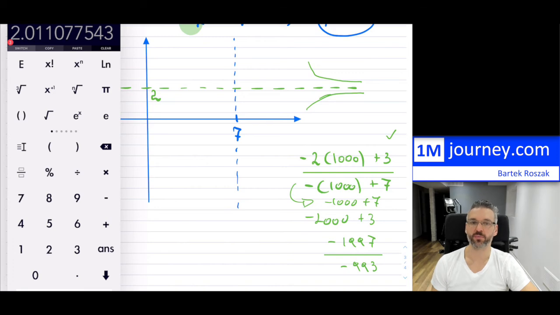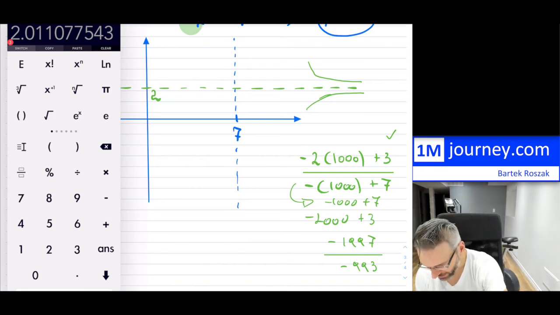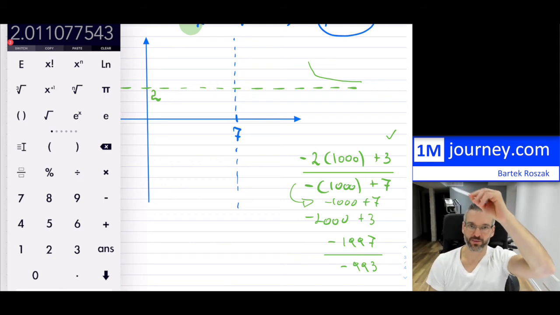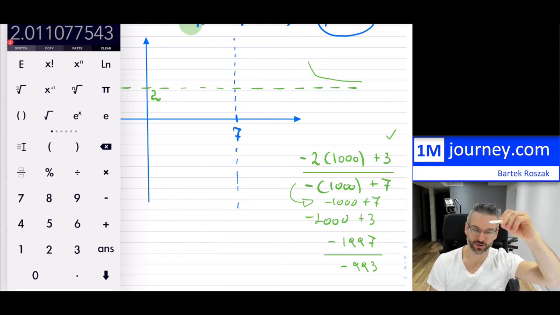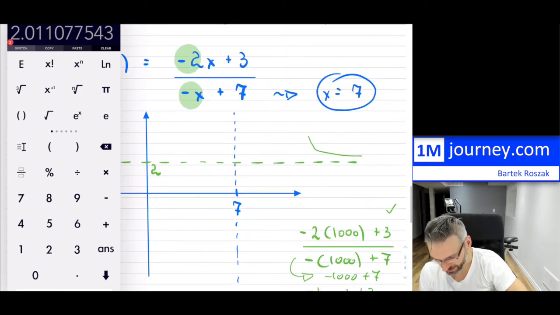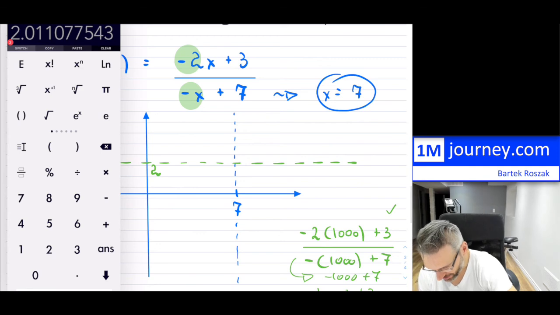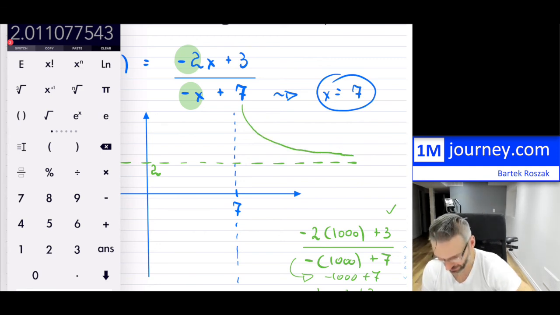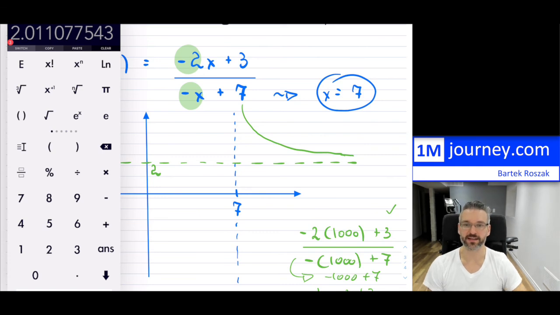So it looks like this thing is coming from the top and getting closer and closer towards that asymptote. Once you know that, we can sketch this out. Most likely it's going to be something like this, because it can't cross the vertical asymptote either.